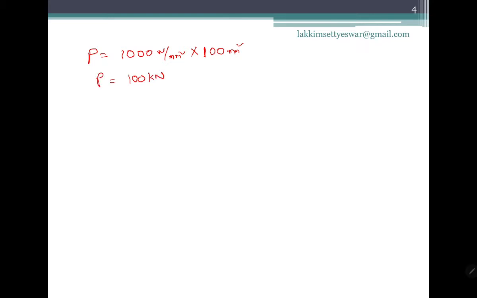After this, rotation due to pre-stress, that is theta P. Theta P is equal to formula P into E into L divided by 2 into EI.